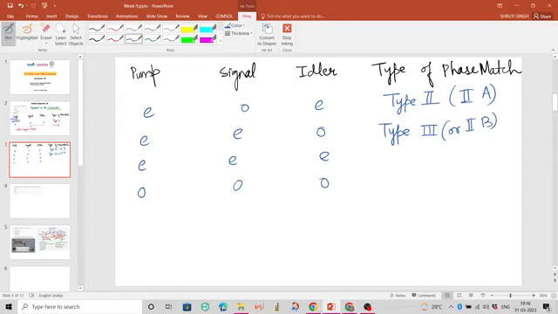But these types of phase matching come from the type of crystal which we choose. So if the crystal is positive or if it is negative, these E and O can get exchanged. So if we have all three the same, then that is type 4 and 5. So this is type 4, this is type 5.